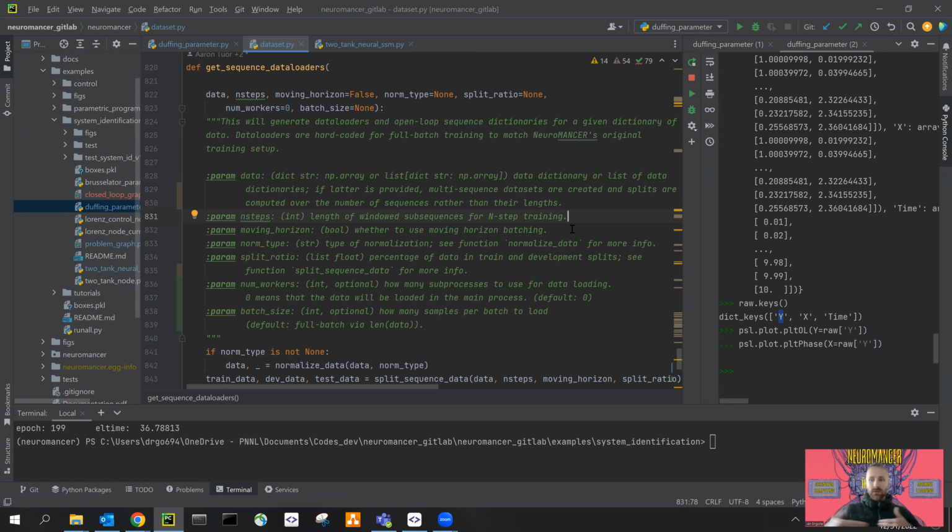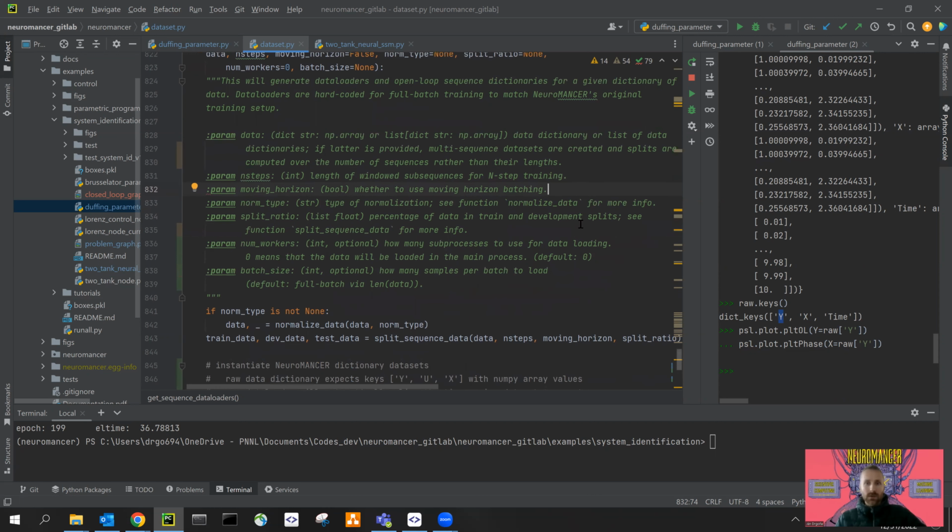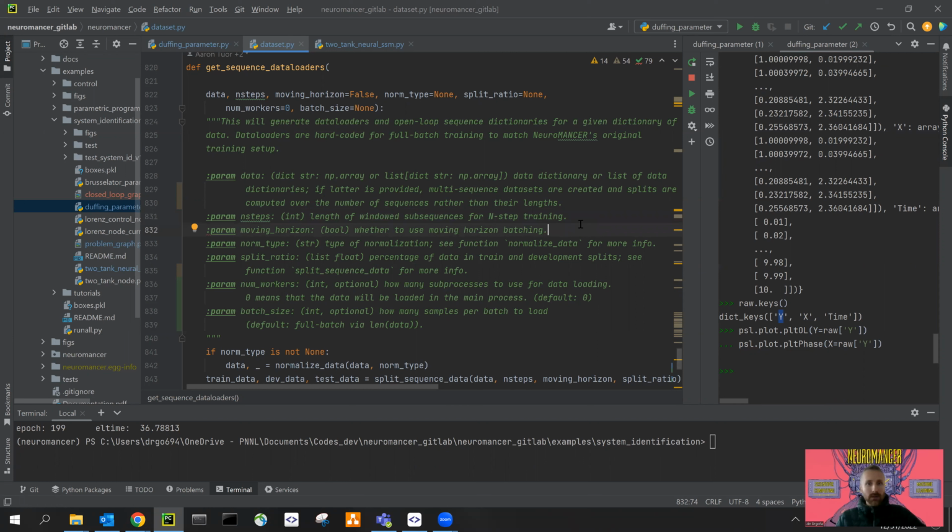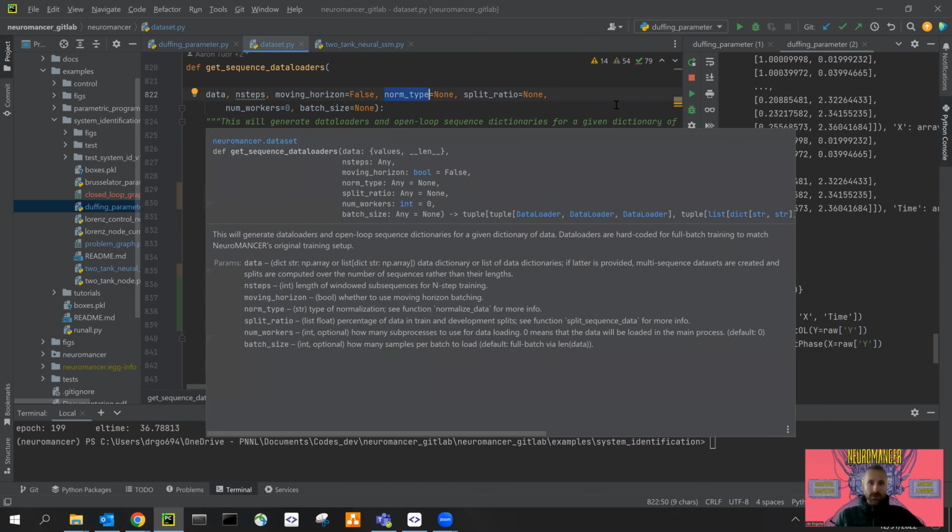When you're using moving horizon, you are having smooth transitions between your n-step ahead trajectories, and you end up with more batches. If you want to save some compute, you don't have to use moving horizon, but you will carry less information during training.